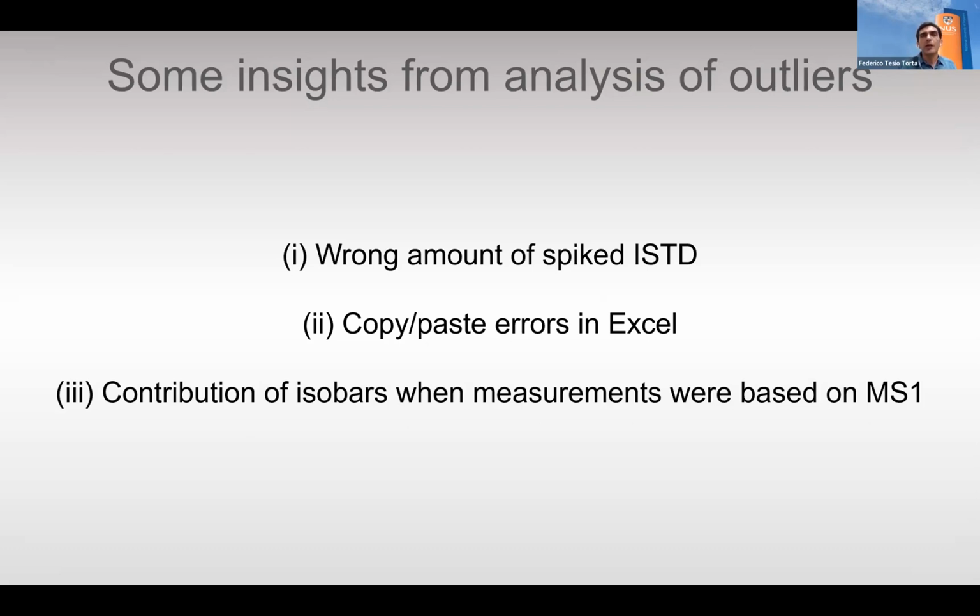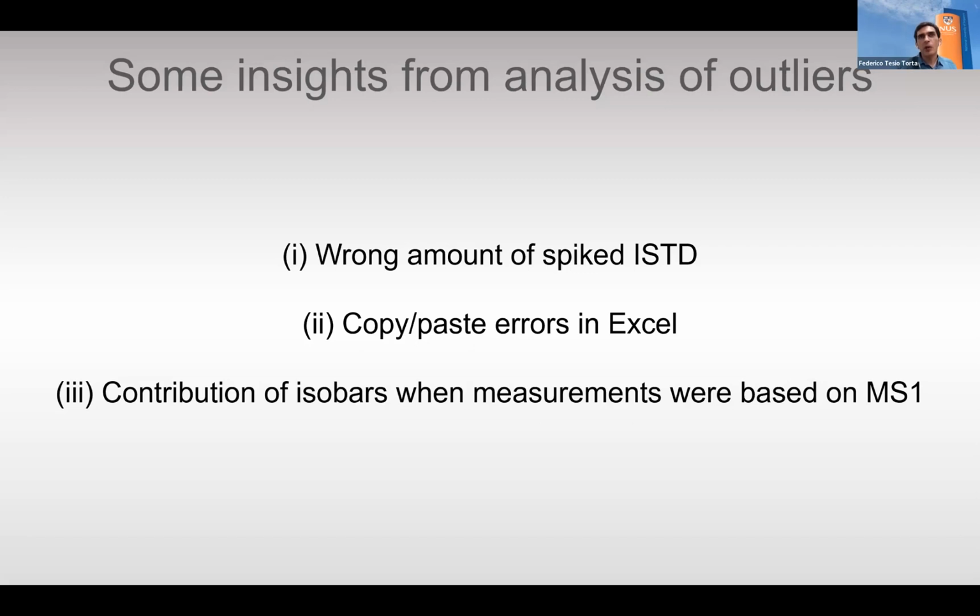For example, by looking at the raw intensity values, we realized that one of the outliers probably spiked in 3 times more internal standard, and so, of course, all the concentration values were very low compared to the other labs.